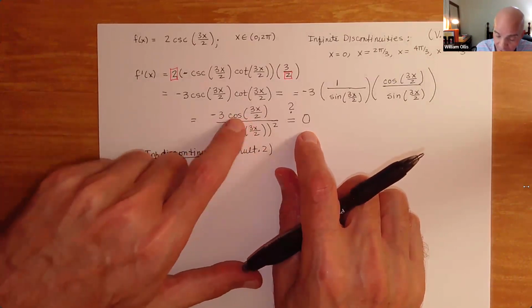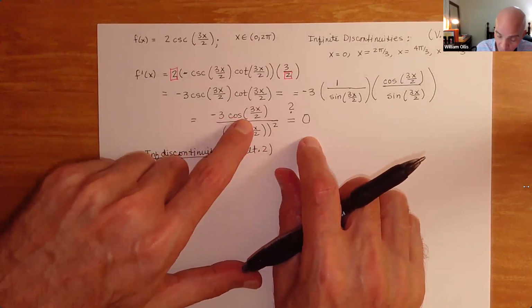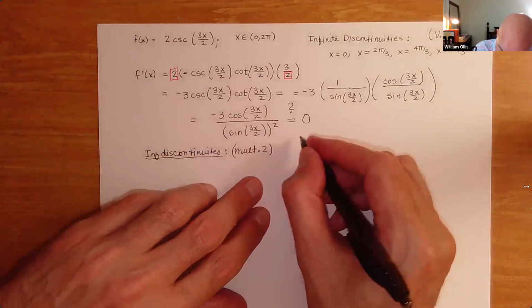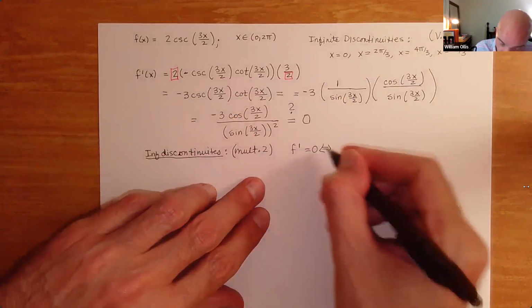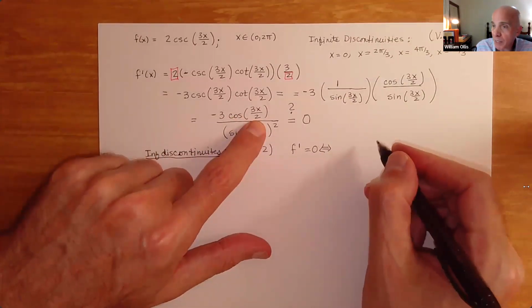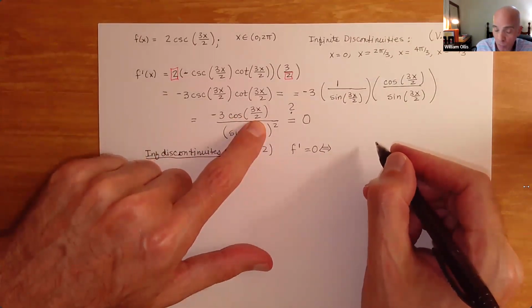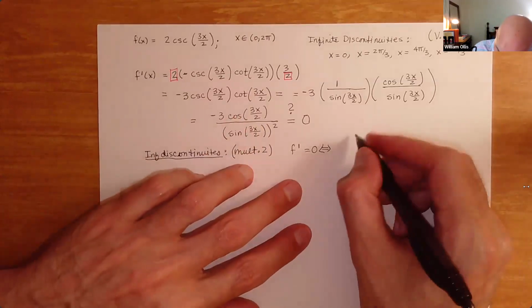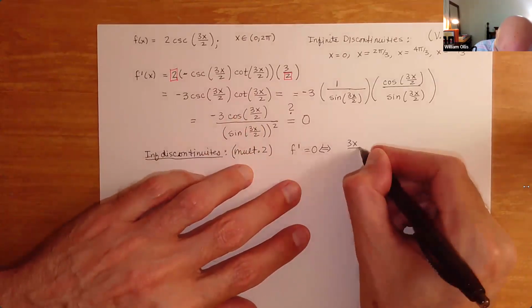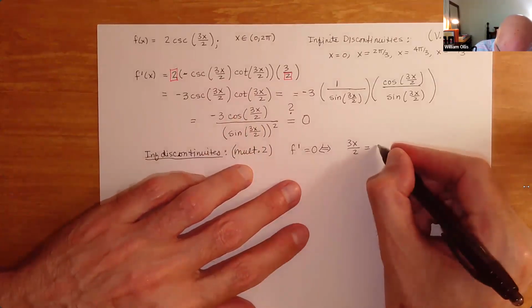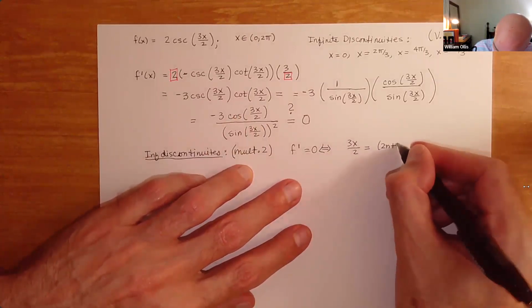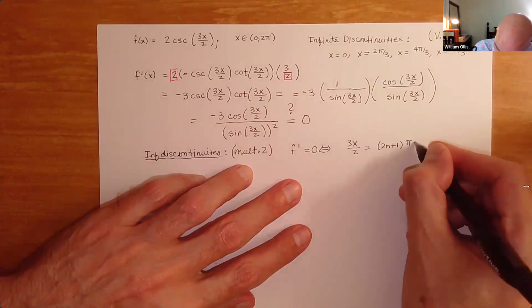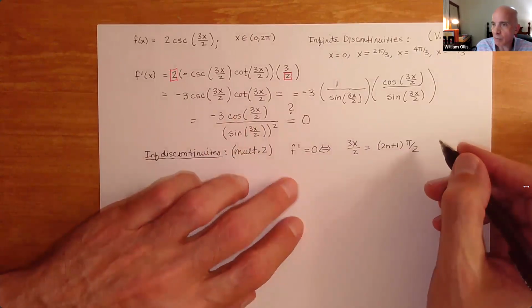So that's important. And then, of course, we appeared to have horizontal tangents. So this means that the numerator would be 0. So we'll just say that f prime equals 0 if and only if 3x over 2 would just be an odd integer multiple of pi over 2. That would be zeros of cosine. So 3x over 2 will be 2n plus 1 times pi over 2, because we don't want even multiples.